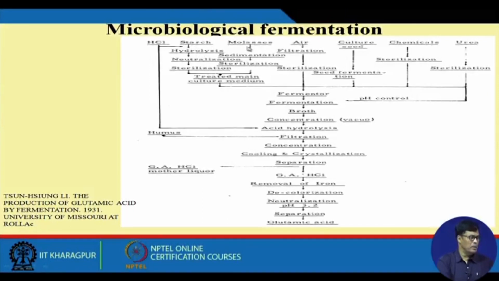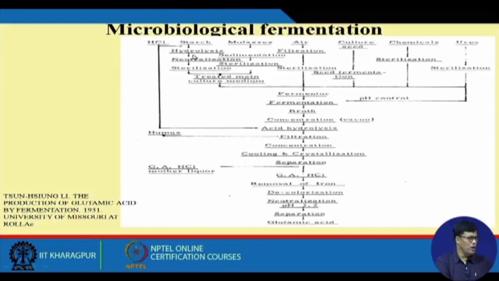Then molasses, which contains a good amount of sugar. We require air to increase the dissolved oxygen concentration. We need the culture seed and the chemicals as required for the organisms, and urea is considered the nitrogen source.